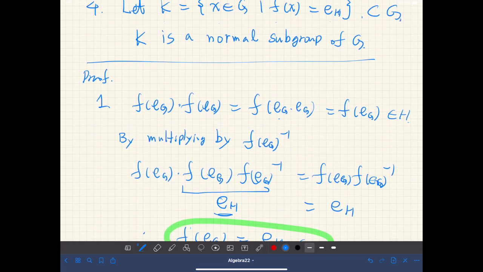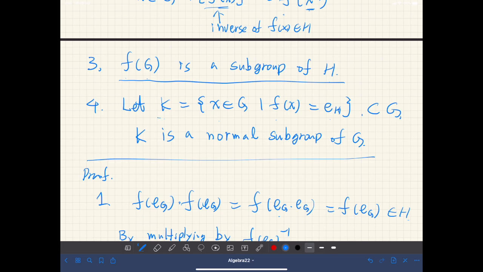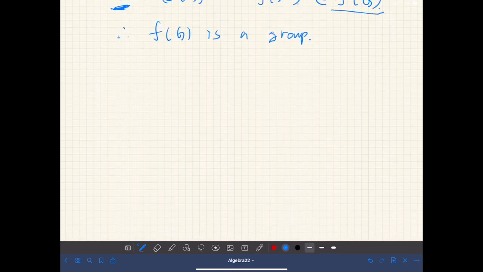And next, let's prove part 4. That is, the subset defined by this is a normal subgroup of G. Okay, so let's write the definition again. So this is a subset of G that is mapped to the identity element of H by the homomorphism f. To show that this is a normal subgroup, first we need to show that this is a subgroup.